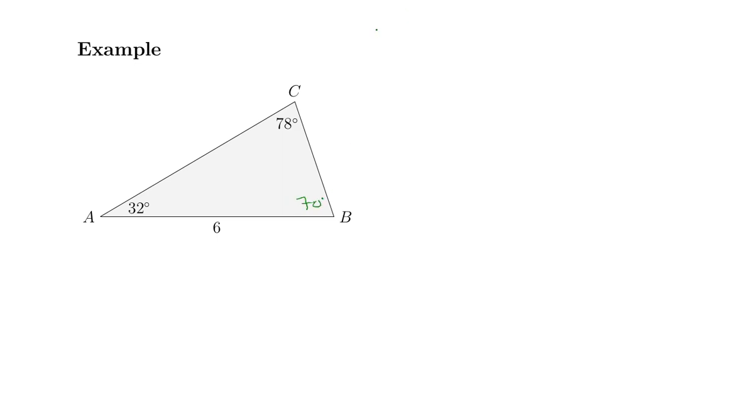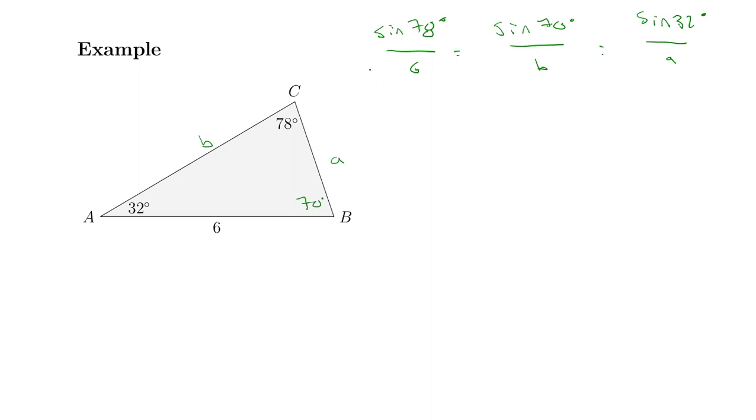So sine of 78 degrees over 6 is equal to sine of 70 degrees over lowercase b, where that's right there, and that's also equal to sine of 32 degrees over lowercase a, and lowercase a is right here.